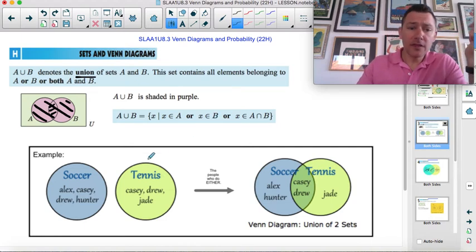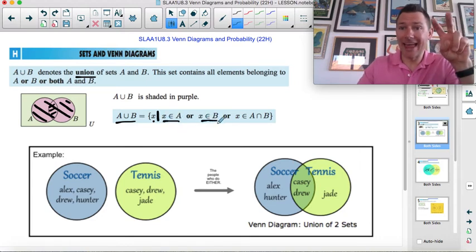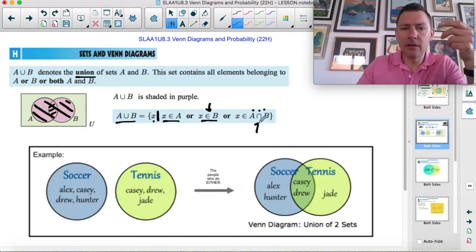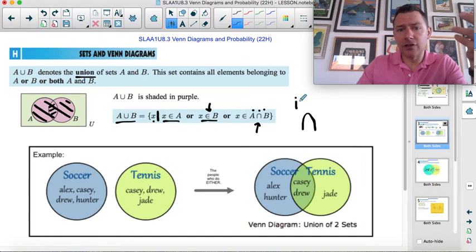They would say the union is x's such that x is in A or x is in B, this little E meaning an element in B, or an element in A and B. This upside down U is the intersection, and this only means and.